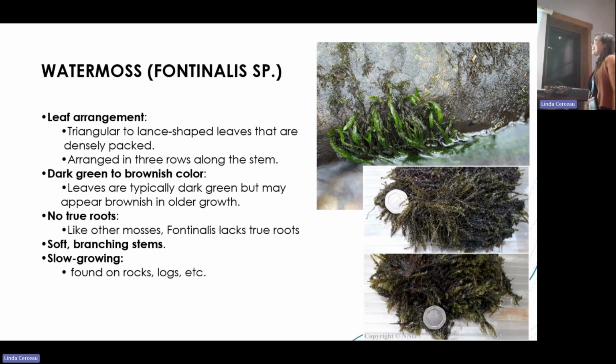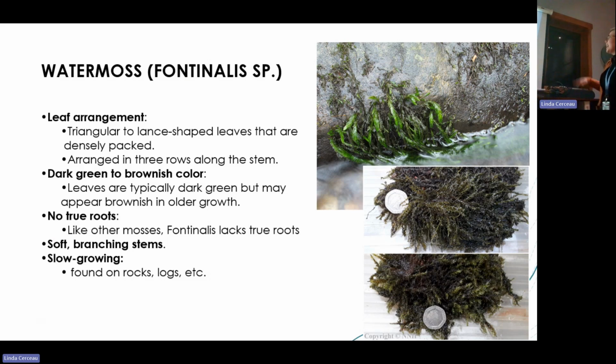All right, so we have water moss. This one in particular is a Fontinalis species. Looking at the leaf arrangement, they're more triangular lance-shaped leaves that are super densely packed. So you can kind of see this little colony here. The leaves are arranged in 3 rows along the stem.